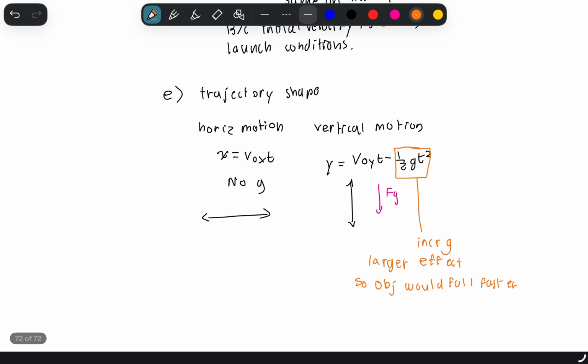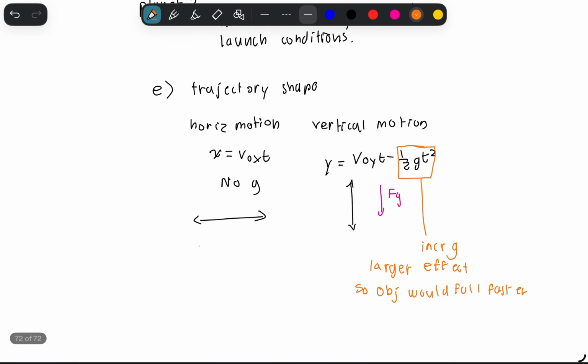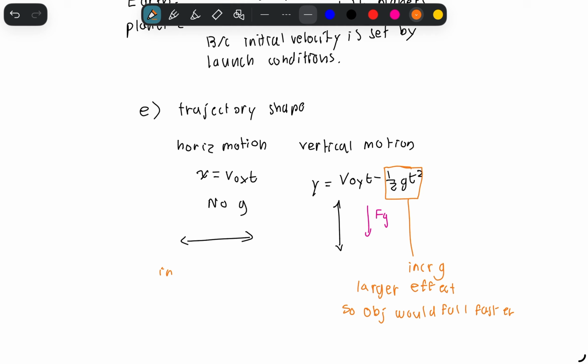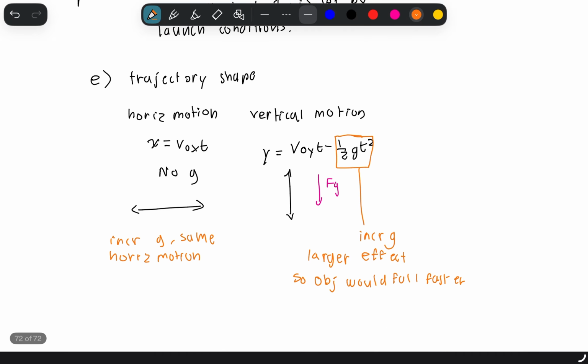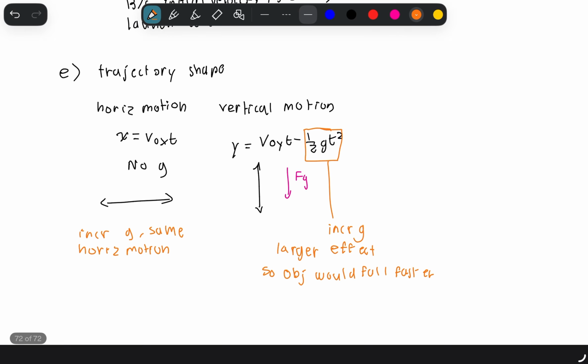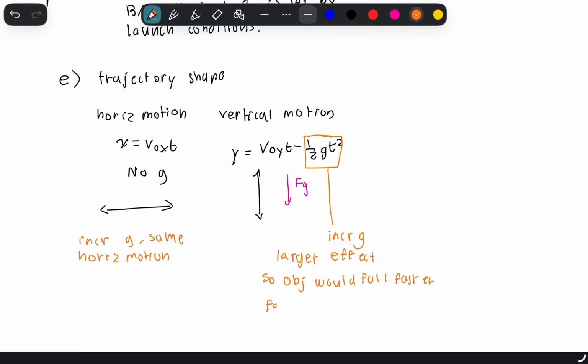However, in horizontal motion, if you have an increase of g, you're going to have the same horizontal motion. The only thing that's going to change is that you're going to have a faster vertical drop.